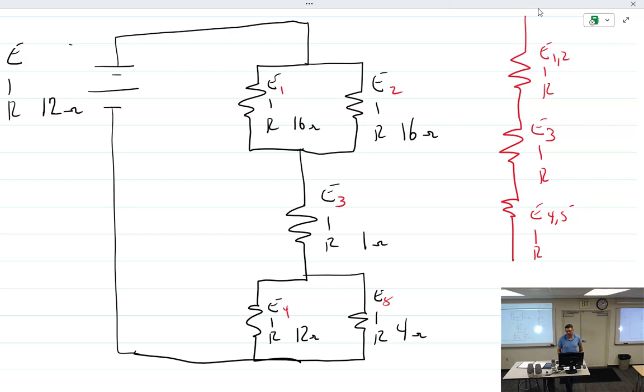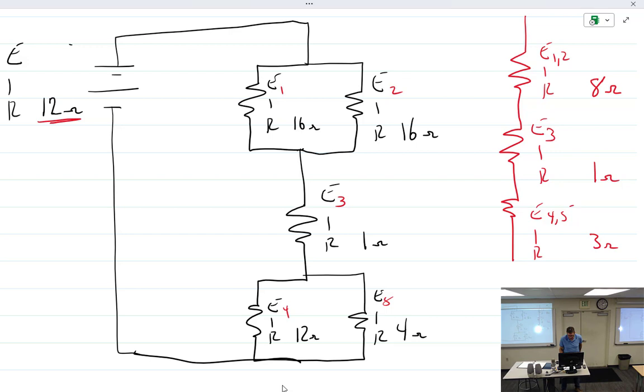So what is my resistance of 1 and 2? 8 ohms. What is my resistance here? 1 ohm. What is my resistance of 4 comma 5? 3 ohms. What's my total resistance? 12. Hey, it worked out just fine, didn't it?